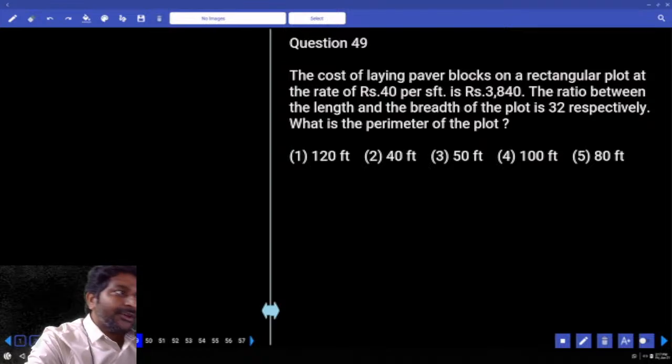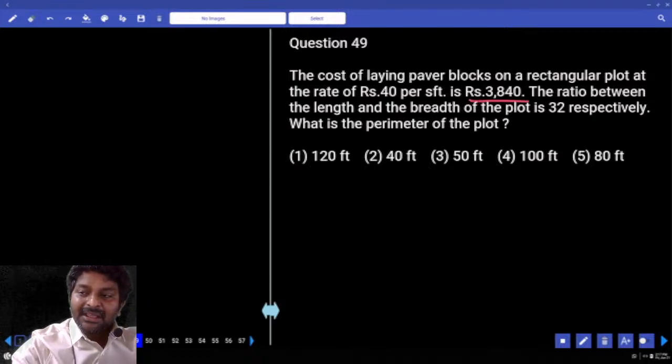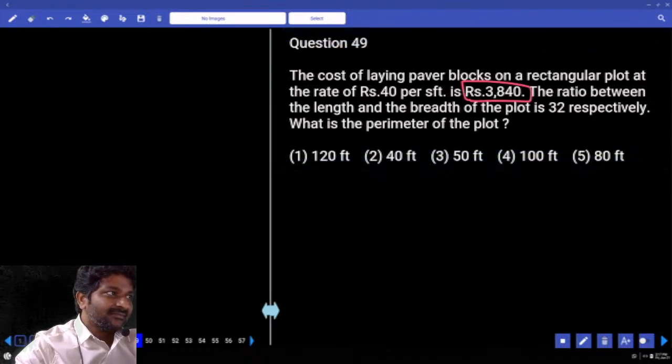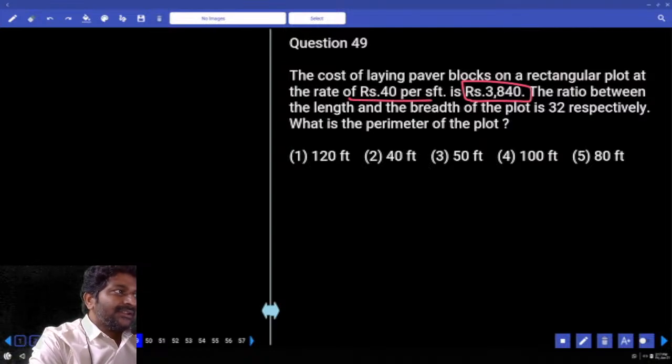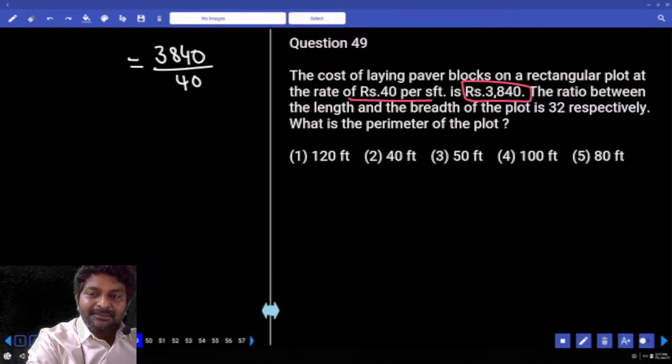Area in the sense length into breadth only. But here we were given the cost, and per SFT they charge 40 rupees. So area used for that pavement is 3840, total price divided by cost per SFT only. This is equal to length and breadth.